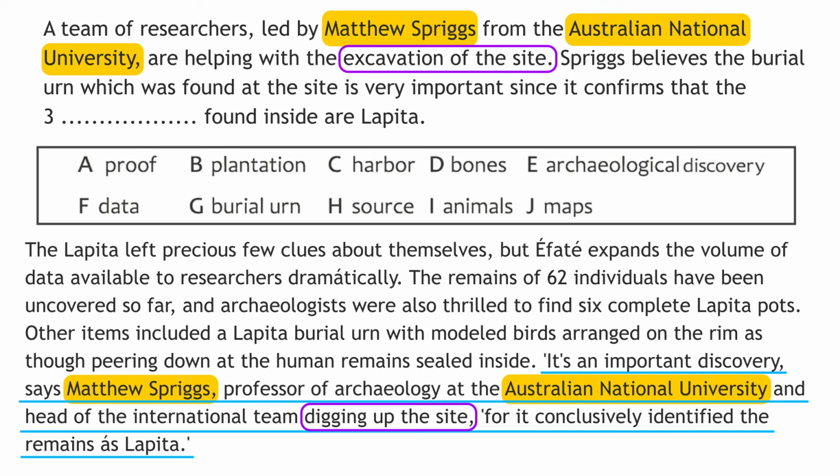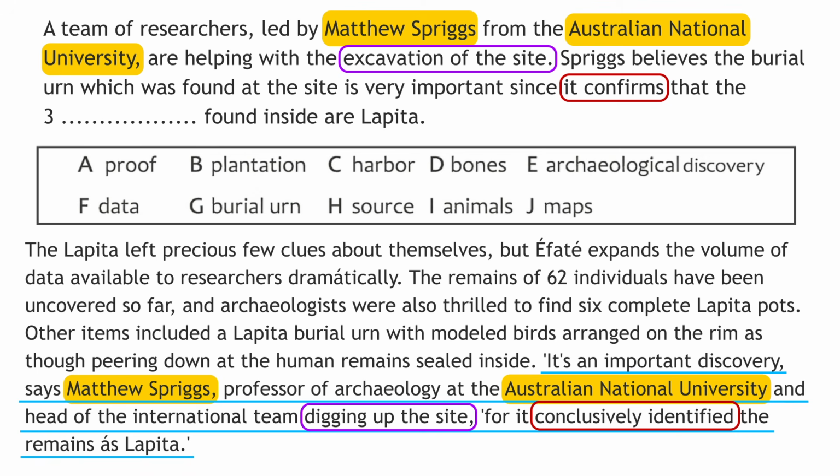Conclusively identified means it confirmed. So this is the synonym word for confirmed. The remains as Lapita. The remains of what? Something is found, which is also Lapita. The remains is Lapita.